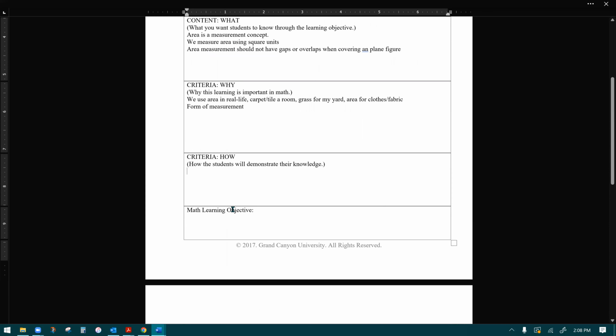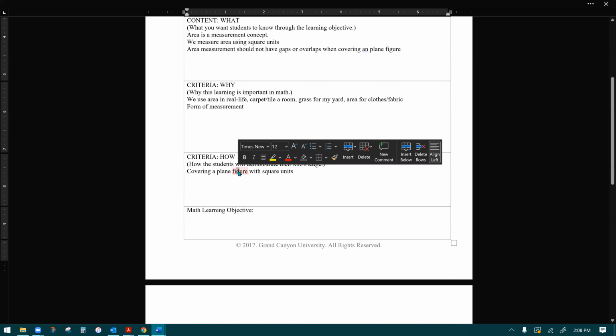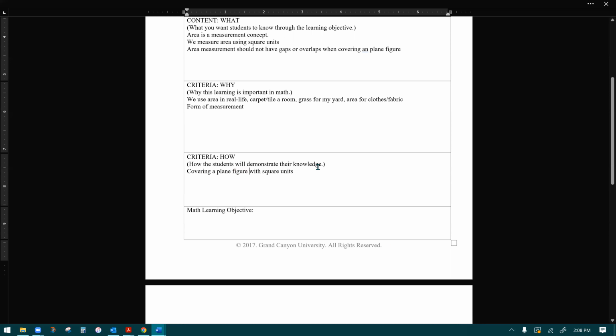So for me, I can see this as them demonstrating their learning by covering a plane figure with square units. This would be a way in which they can demonstrate their knowledge. And I might tighten these up by refining my language as I go, but I just want to give you a quick example.